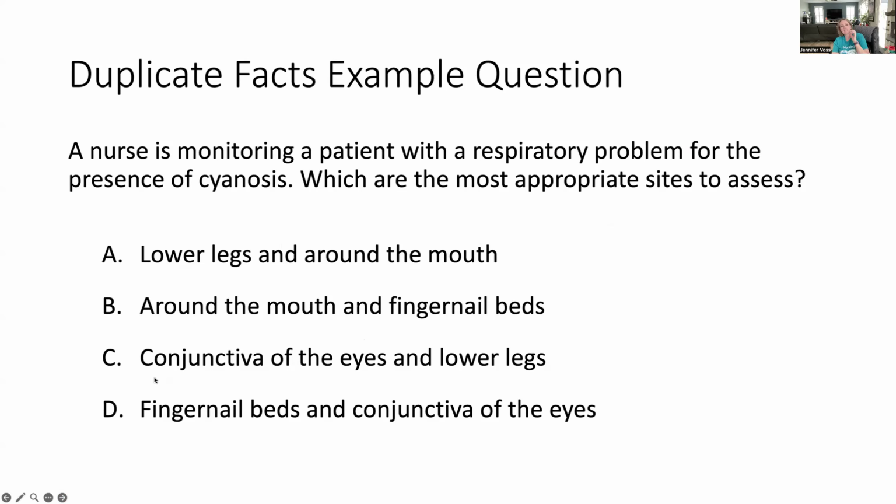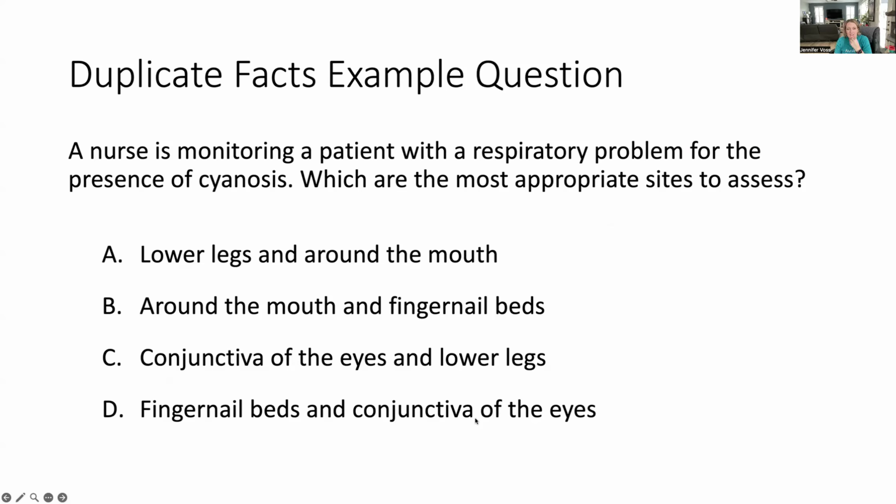Conjunctiva of the eyes. No, that seems wrong. And the lower legs. Well, I wasn't sure about the lower legs up here, but I know the conjunctiva is wrong. So if this one's wrong, then probably this one has to be wrong too. And on this one, fingernail beds, I also maybe wasn't sure, but I felt pretty strongly that I'm not going to see cyanosis in the conjunctiva of the eyes.